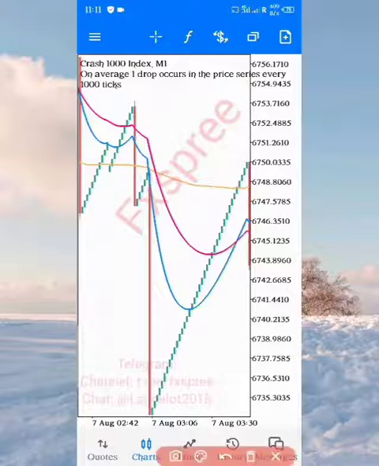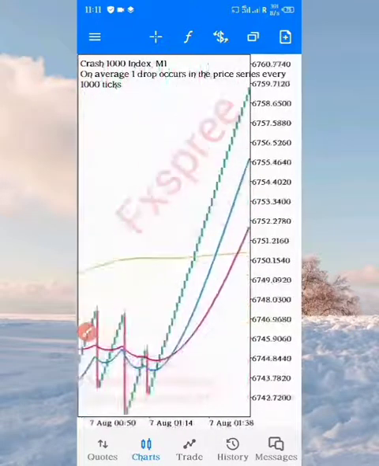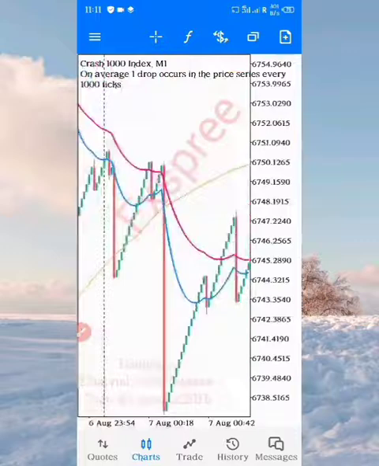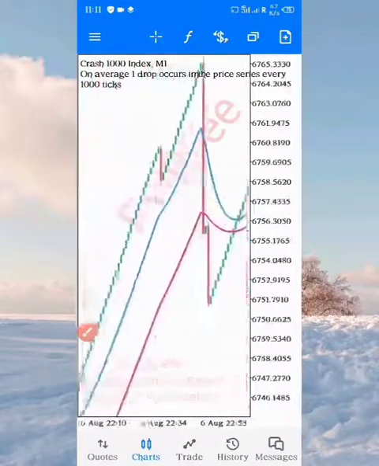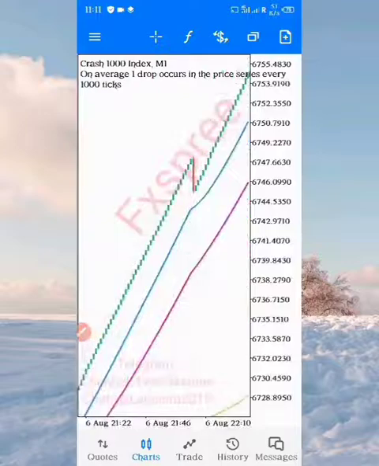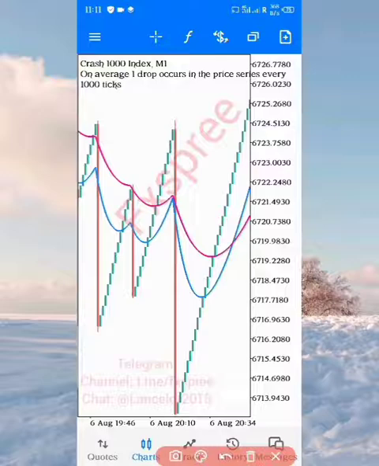Another one, TP1, TP2. Once it is against trend, you go ahead. See also, TP1, TP2. This is uptrend, so you don't go in there. You see, very profitable and reliable.